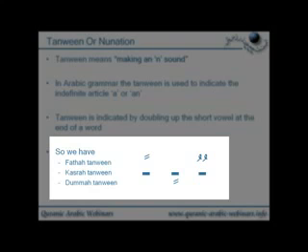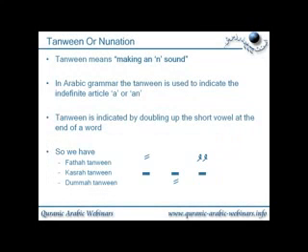So all of these can be doubled up, i.e. the dhamma is doubled up, the kasra is doubled up, and the fatha is doubled up. So in that case we call it tanween, and we'll see why in a minute. Remember, Tanween means nunation or adding an N sound.